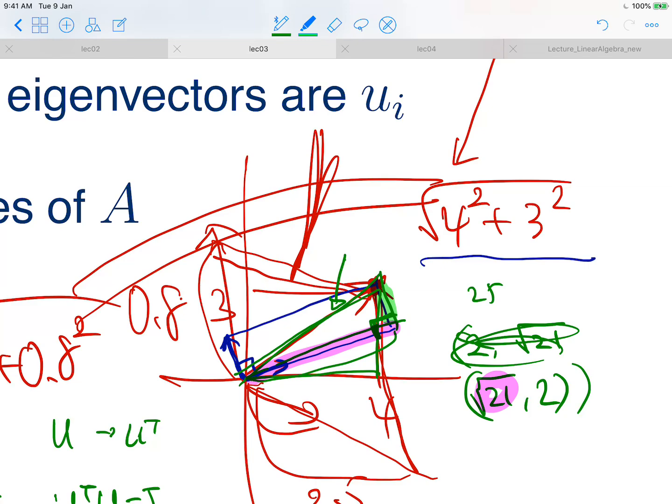Once we obtain that, then we apply the diagonal scaling, right? We just multiply this with the first singular value and the second singular value, okay? And then what will be the vector norm?